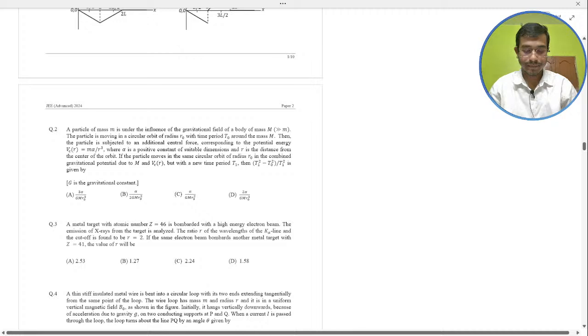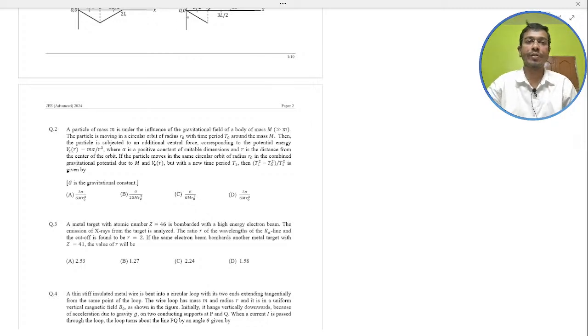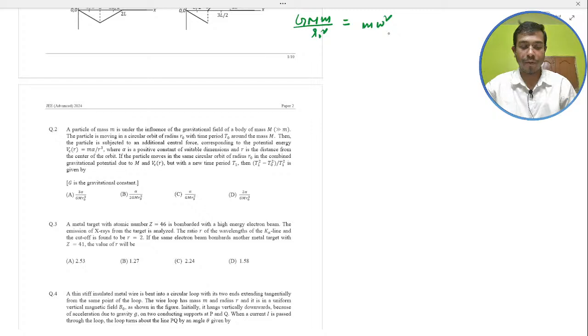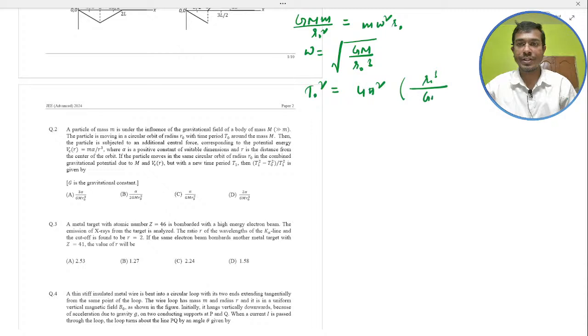Paper 2, Physics MCQ, question number 2. Try yourself. Simple: by equilibrium, GMm/r0² is equal to what? mv²/r, that means mω²r0. So you would get the value of ω as the square root of GM/r0³. So T0² is 4π²r0³/GM.